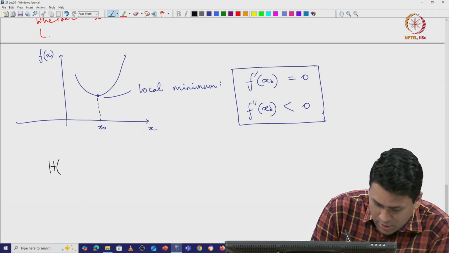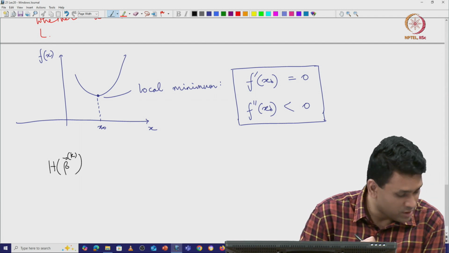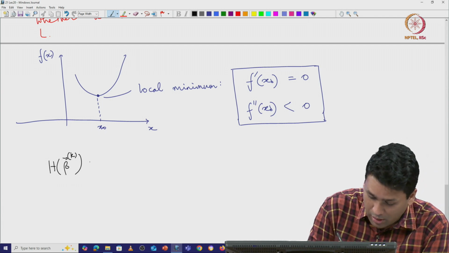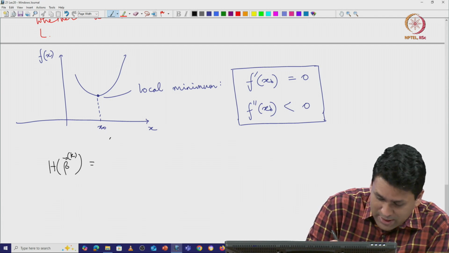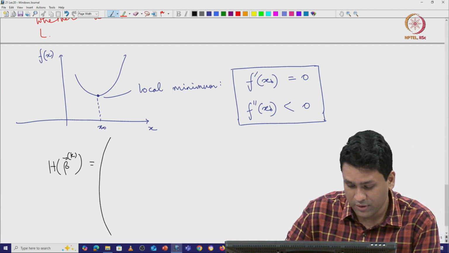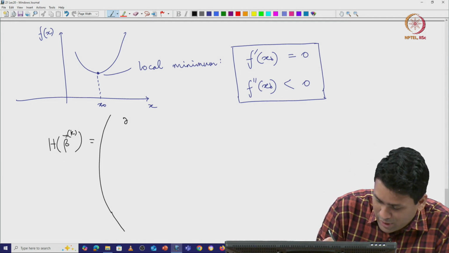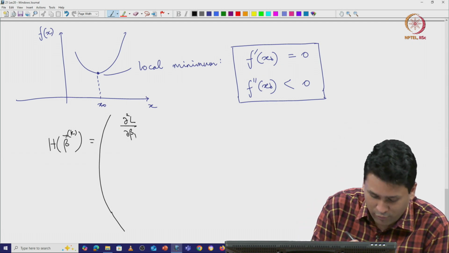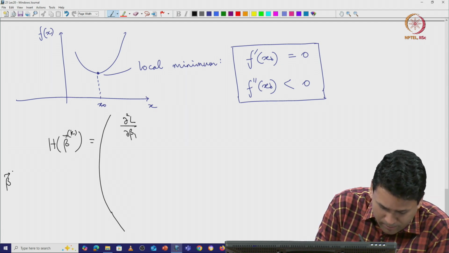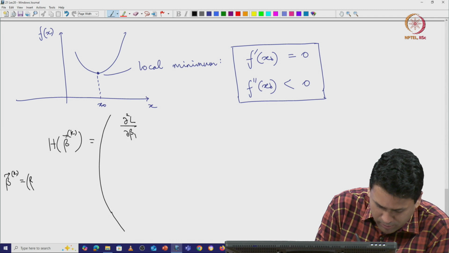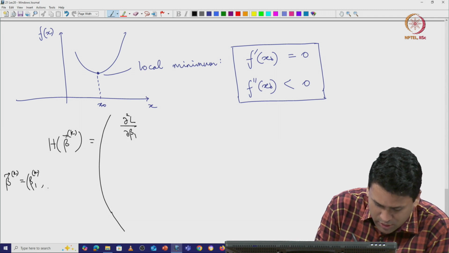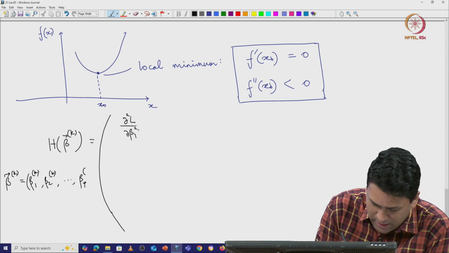So, H, which depends on all the parameters beta 1, beta 2 up to beta p, is basically a matrix of second order derivatives. So, it is del square L del beta 1 squared, evaluated when beta 1 is equal to beta 1 k, beta 2 is equal to beta 2 k, and beta p is equal to beta p k.